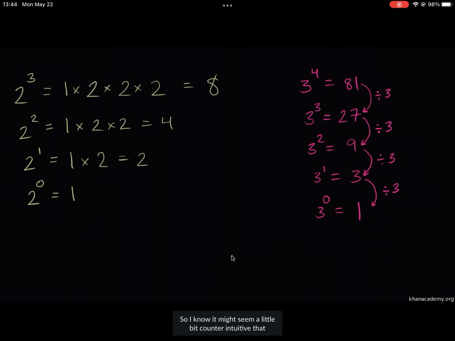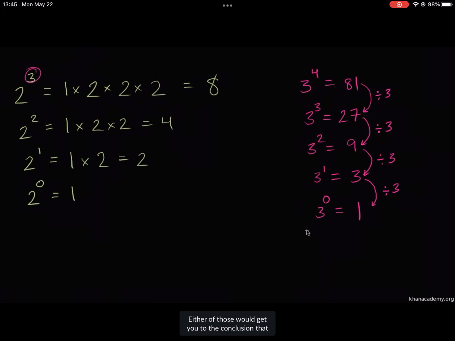I know it might seem a little bit counterintuitive that something to the 0th power is going to be equal to 1. But this is how the mathematics community has defined it because it actually makes a lot of sense. Either you view an exponent as taking a 1 and multiplying it by the base the exponent number of times, or you follow this pattern that every time you decrease the exponent by 1, you're dividing by the base.